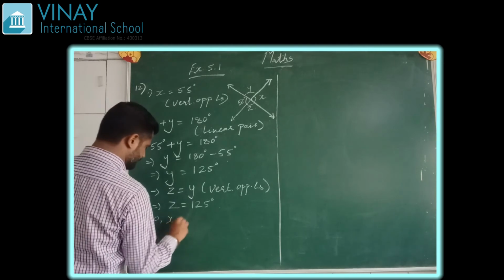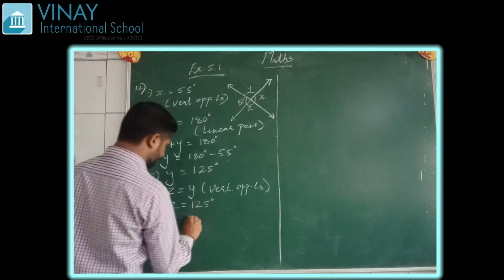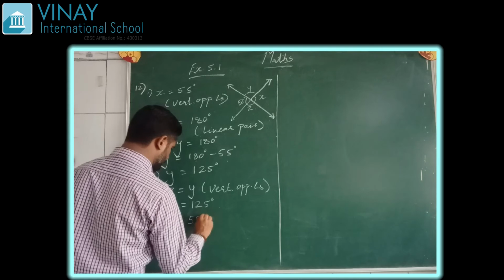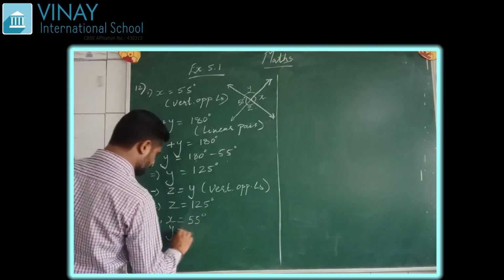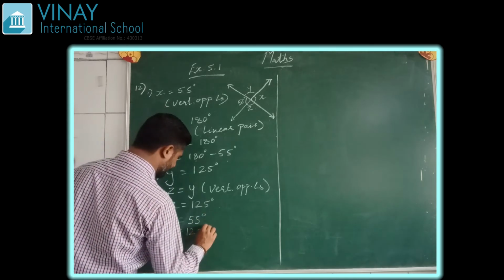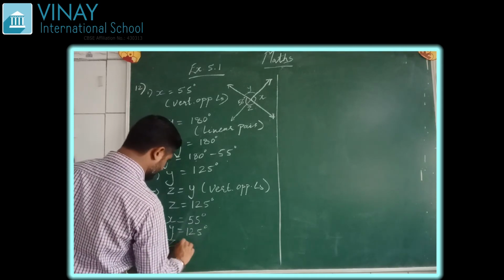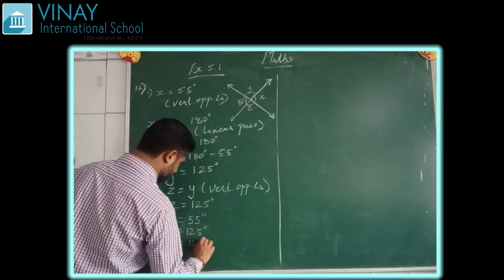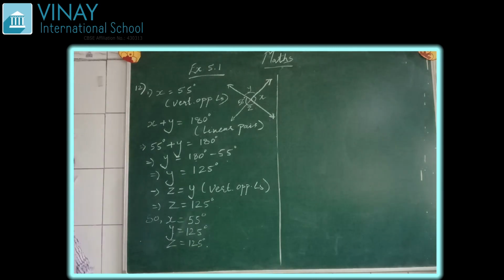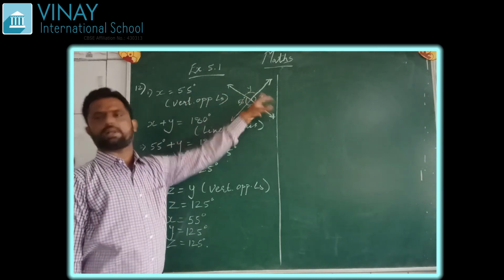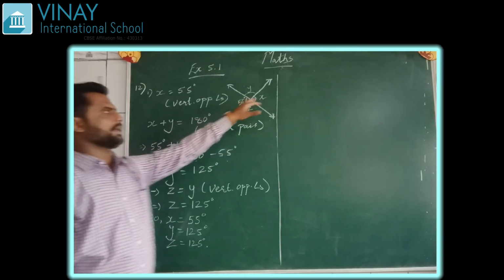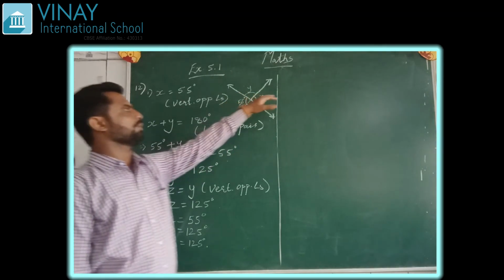So now we got all. x is equal to 55 degree, y is equal to 125 degree and z is equal to 125 degree. We get all x, y and z. X we get by vertically opposite angle, and we know that vertically opposite angles are always equal.